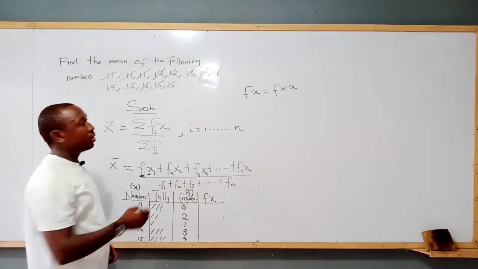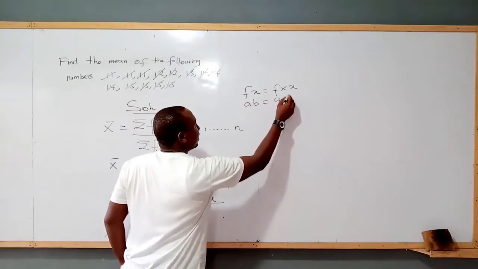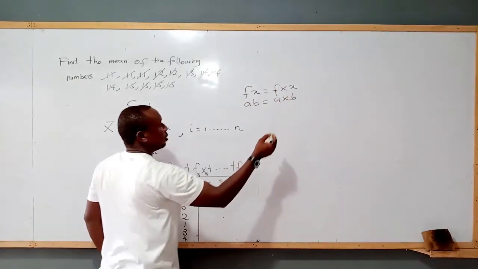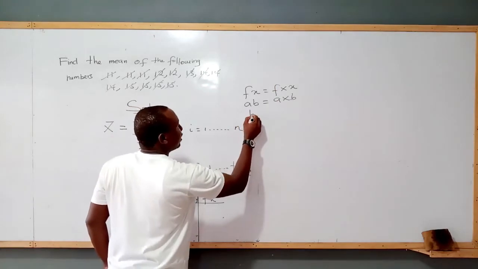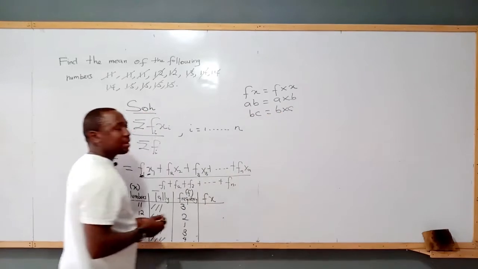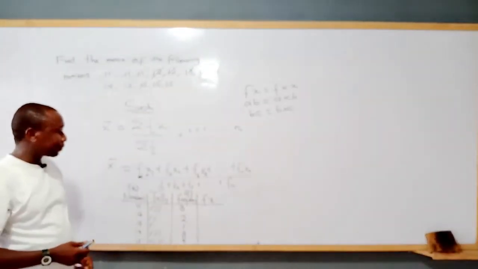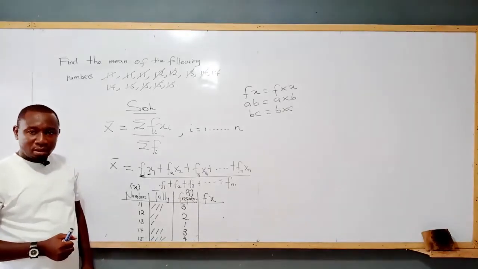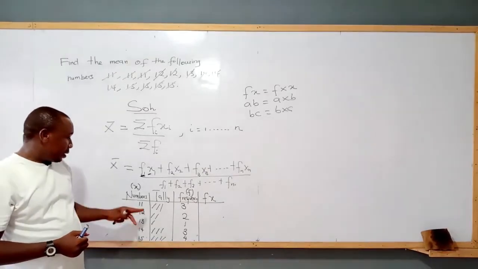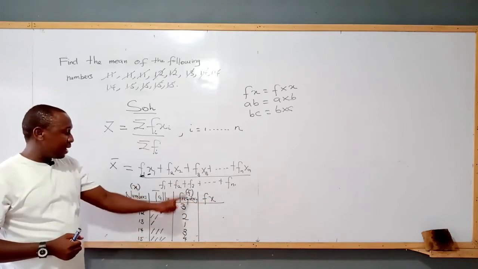Just like we know AB to be equal to A times B, we know BC to be equal to B times C. Fx also means multiply f by x. So we multiply all the x by the f.